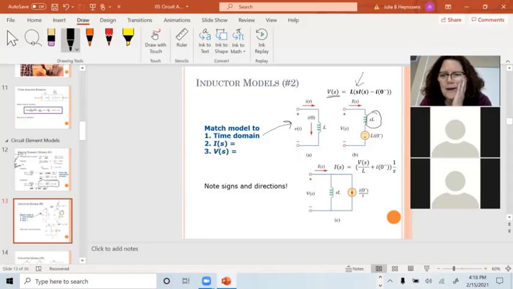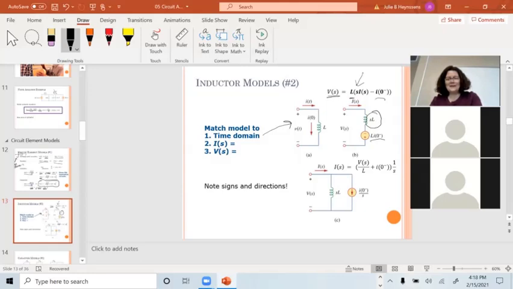Then I need to add in a voltage source that has a value of L times I of 0 minus, pointing in the wrong direction. So if an inductor has energy stored in it at time t equals 0, I have to add that little voltage source in. Not that I've ever done this very often in my life.